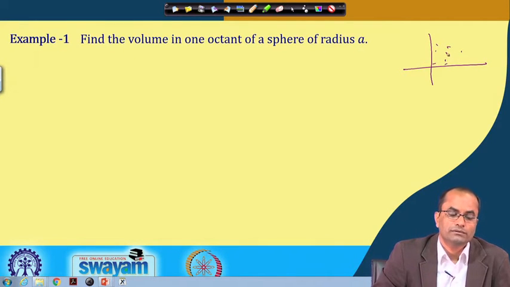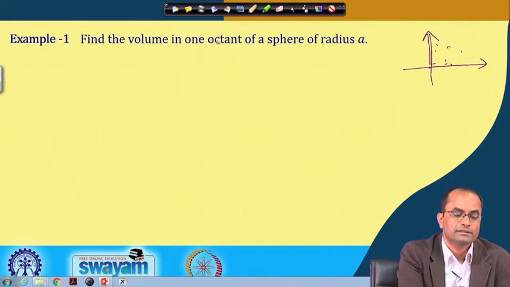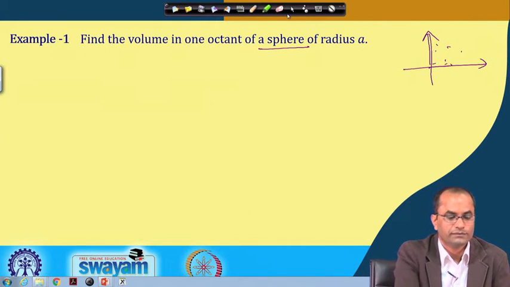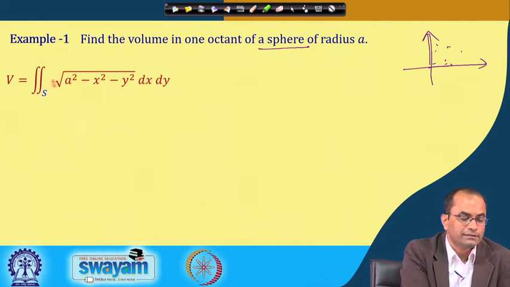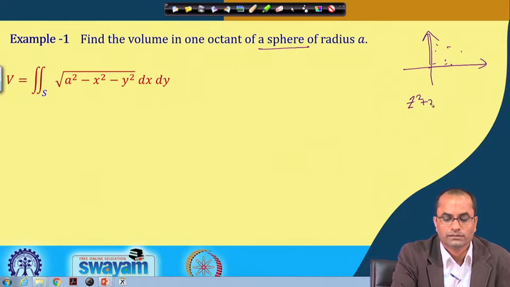The limit we can easily compute for this one, and our surface here is given by the sphere. So, we have the integral in terms of this volume, which is coming from the sphere, because the equation of this sphere was z square plus x square plus y square is equal to a square.